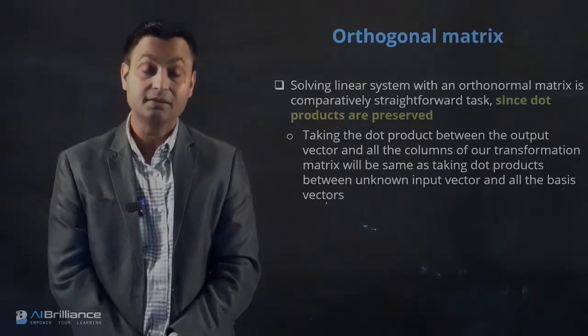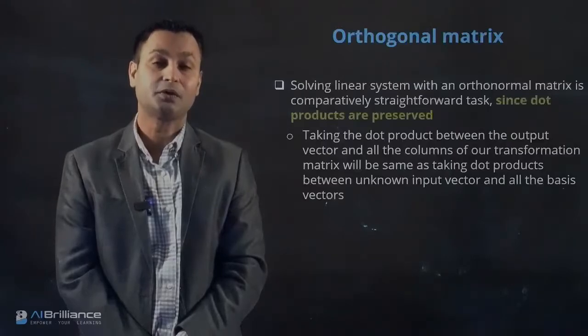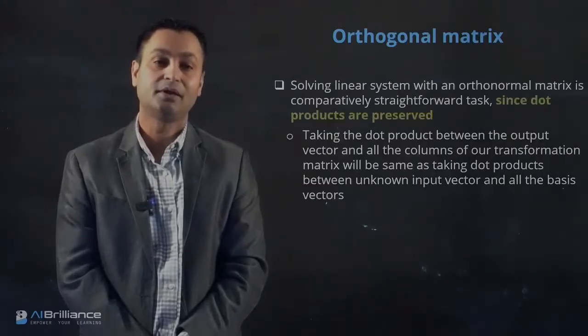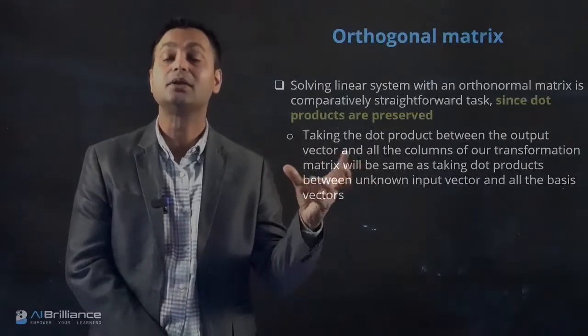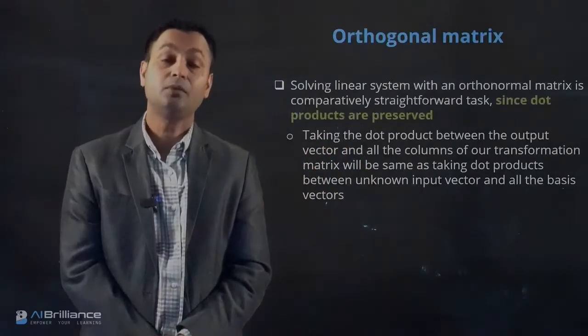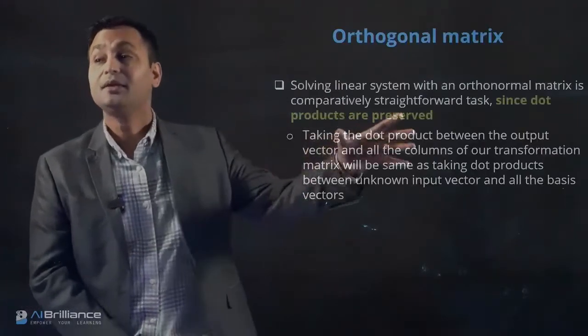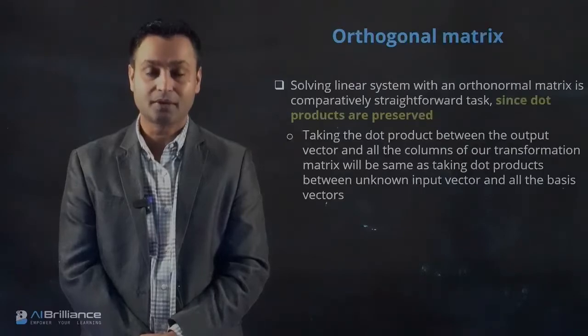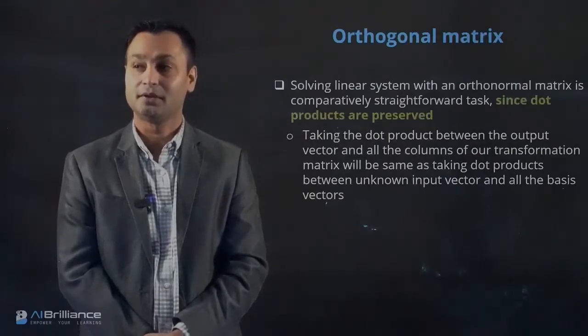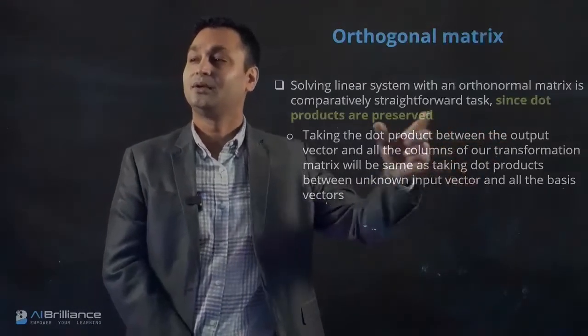But if you write the matrix-vector equation and that matrix is orthonormal or orthogonal, then you can solve for those special cases very easily using what is known as the dot product theorem.